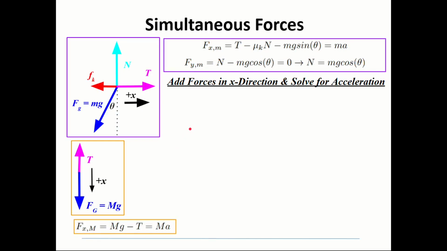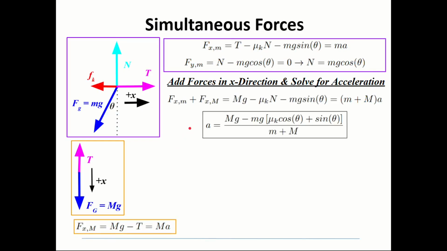And when I do that, adding the left and right hand sides together, just like we saw with the Atwood's machine, I can see that the tensions cancel. So the tension here and the tension here cancel. So cross that one out, cross this one out, and then we're left with capital Mg, and then this term here for the friction, and this term here for our gravitational component.